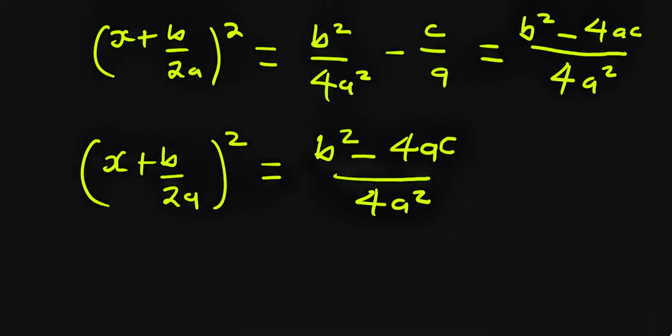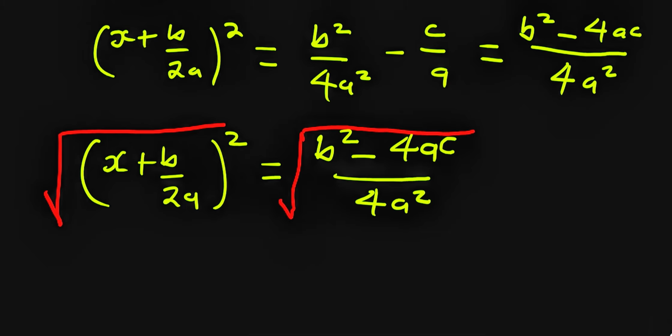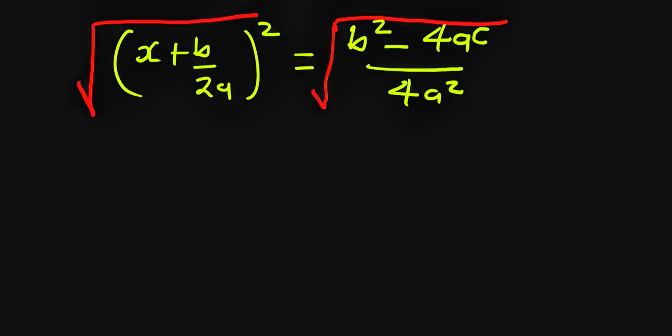So the next thing would be to get the square root of both sides of this equation. So we're going to take the square root of the left hand side, and we're also going to take the square root on the right hand side. So when we do that, what we now have is x plus b over 2a being equal to plus or minus.